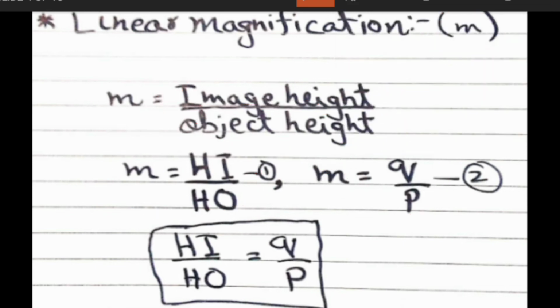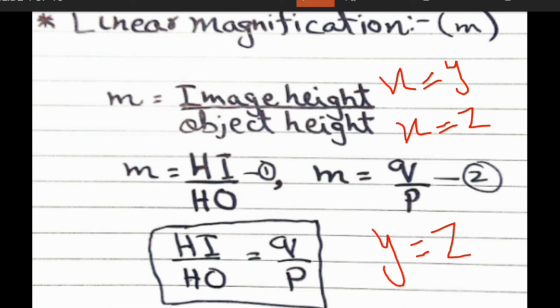In mathematics, we have learned that if x is equal to y, and x is equal to z, then we can write y is equal to z.